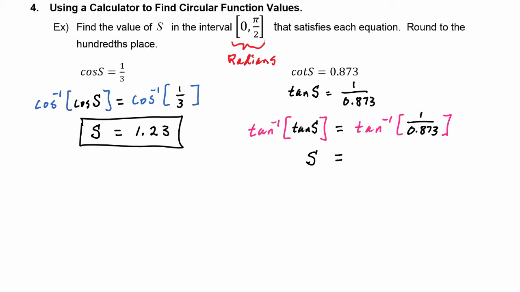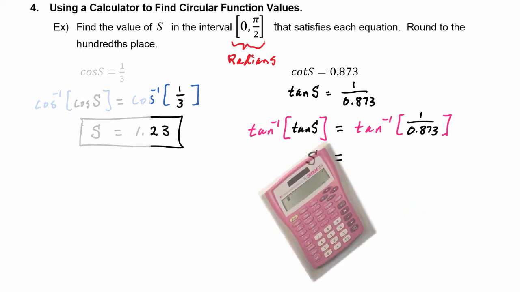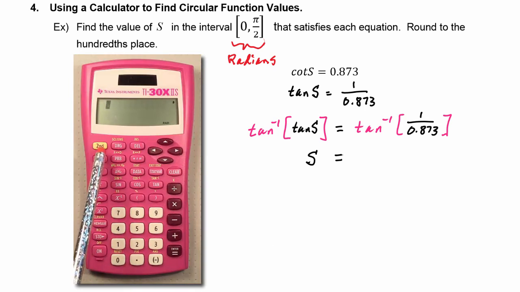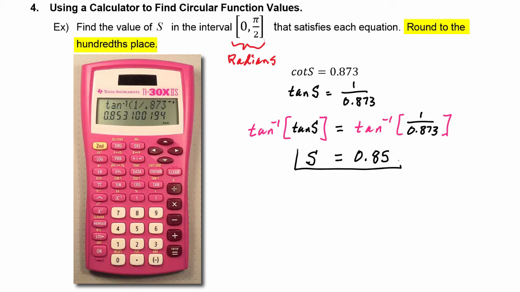Now we head over to our calculators, and we hit second tangent to get the tangent inverse. We enter 1 divided by 0.873, close the parenthesis, and then hit enter. Rounding to the hundredths place, we see we're going to get 0.85.